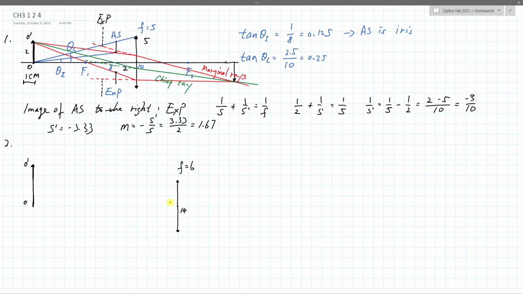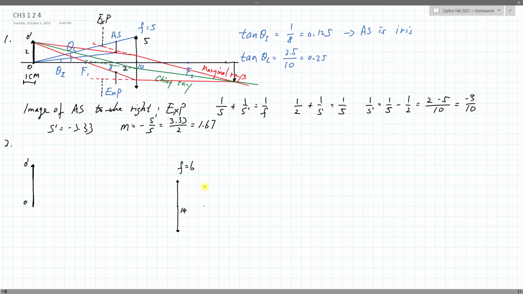And let's see, thin lens. And the stop is 2.5 centimeters behind the lens. Okay, so 2.5 right here. And it is still a 2 centimeter aperture, so it's like this.